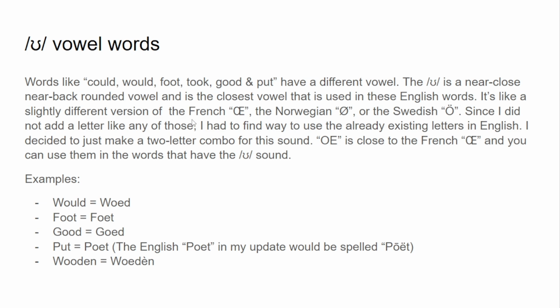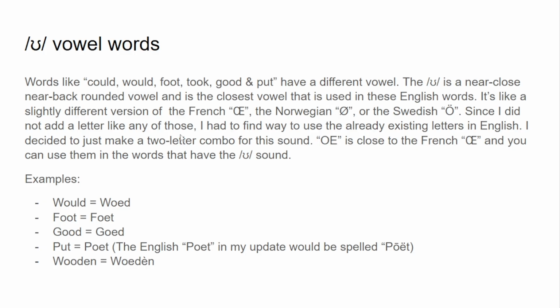It's a slightly different version of the French, the Norwegian or the Swedish. I don't think I was pronouncing it the correct way, but it's close. It's like a different version of the vowel used in wood and foot and took.